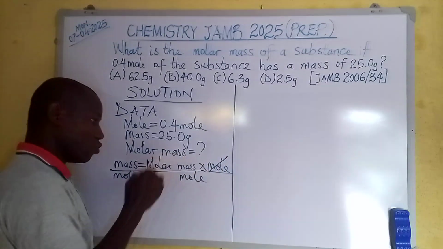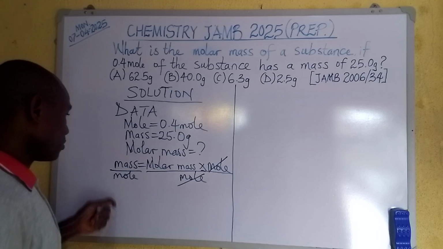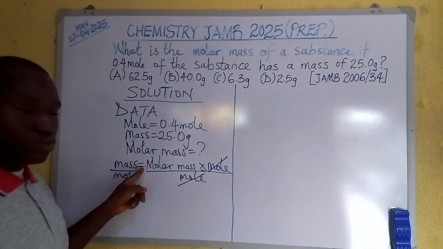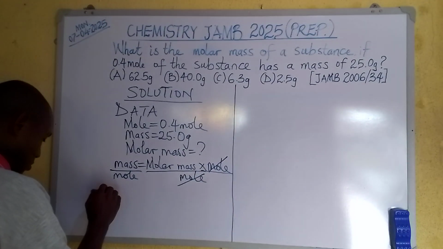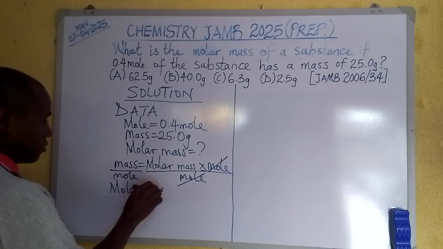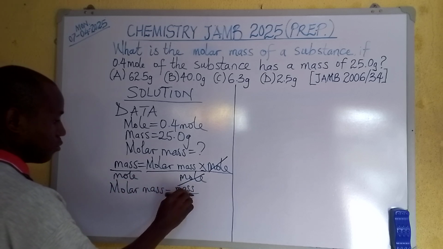Therefore, mole will cancel this mole here. Now what we are having is mass over mole is equal to molar mass. When we rearrange this, we'll be having molar mass is equal to mass over mole.